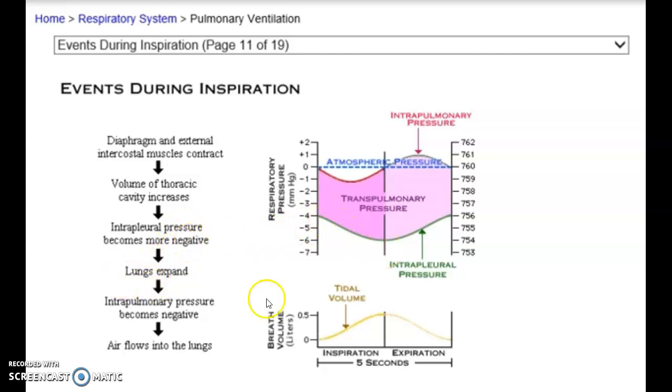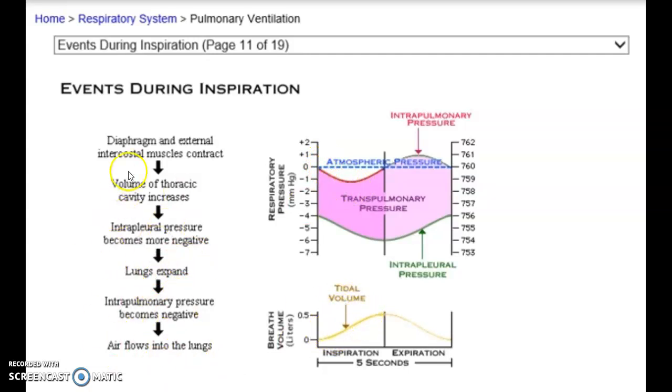And then when that becomes more negative, that's actually what causes the lungs to expand because of the suction that it creates. Well, when the lungs expand, the pressure inside of the lungs, that intrapulmonary pressure, becomes more negative, and then air starts flowing into the lungs.